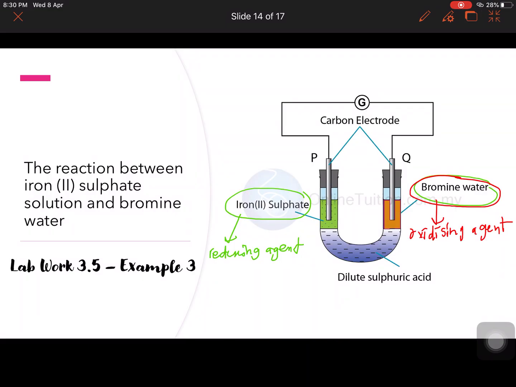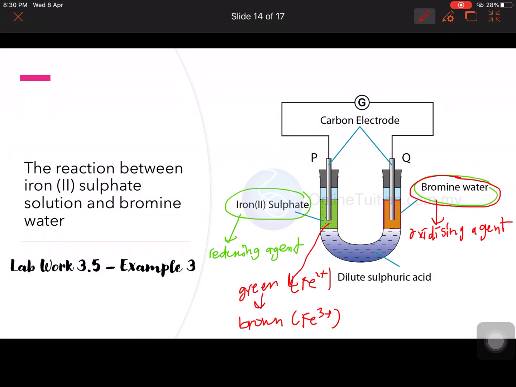Okay, color change. Observation, right? Observation or color change. Iron sulfate from green dia akan change pergi brown, because brown ada iron 3+. Kalau green dia ada iron 2+.